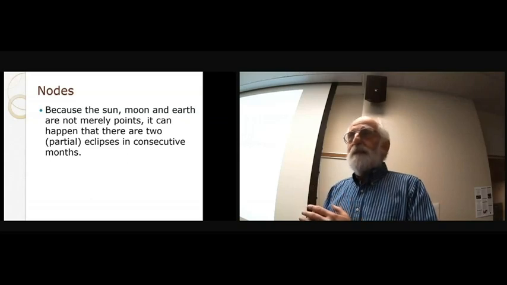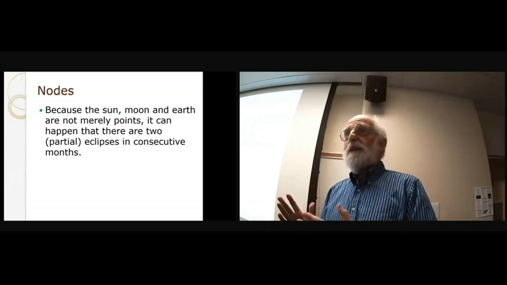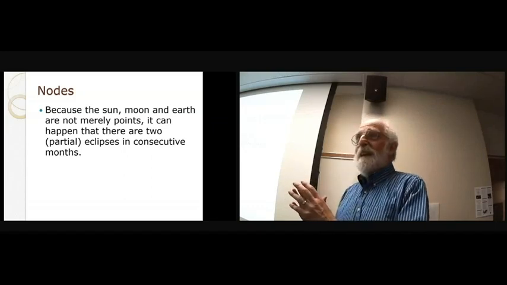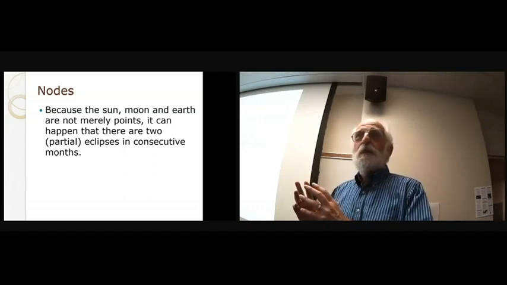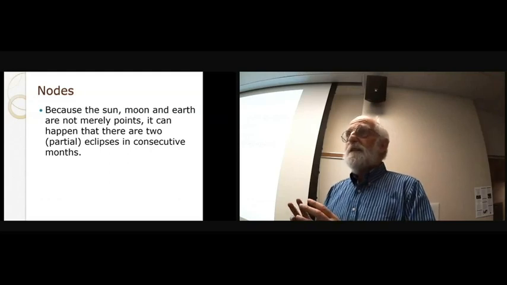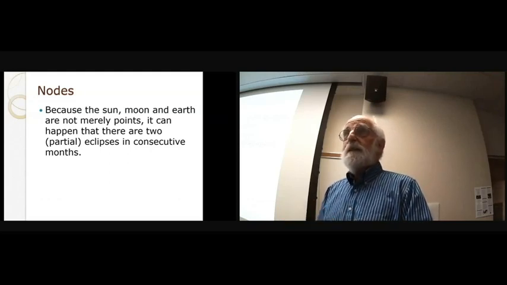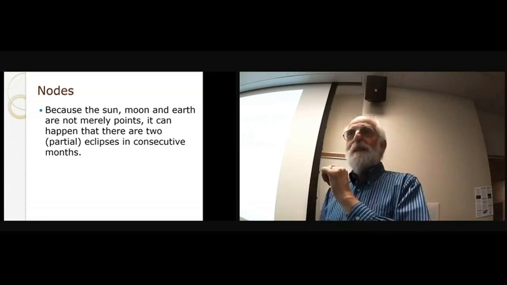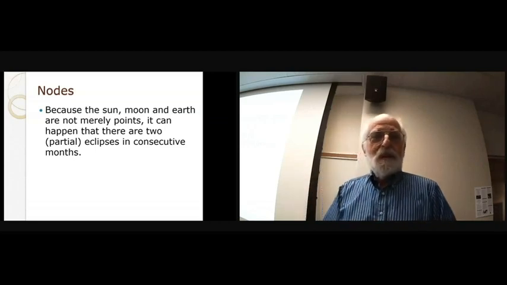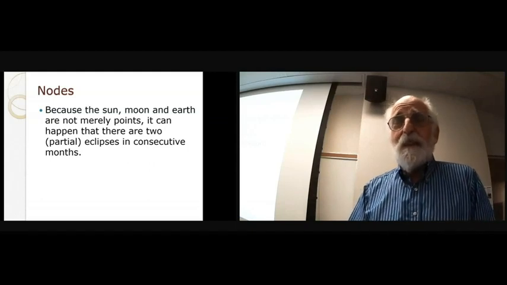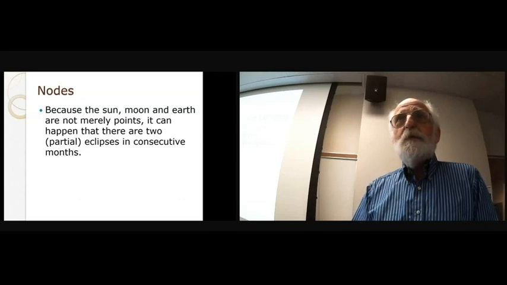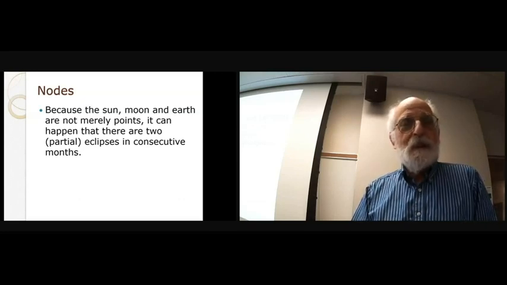But actually what can happen, since they only almost line up, is that you can have 2 partial solar eclipses in the same season in consecutive months. And so it turns out, interestingly enough, that there are between 2 and 5 solar eclipses every year.